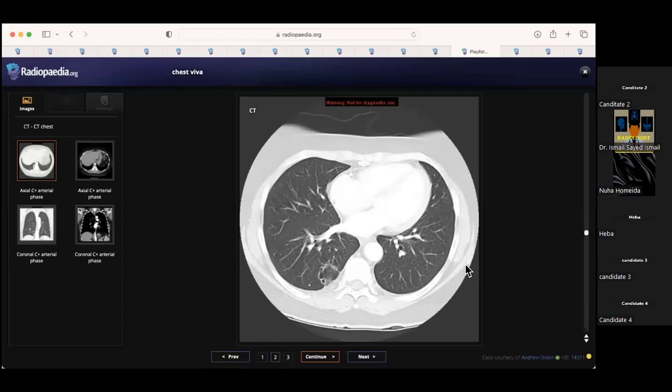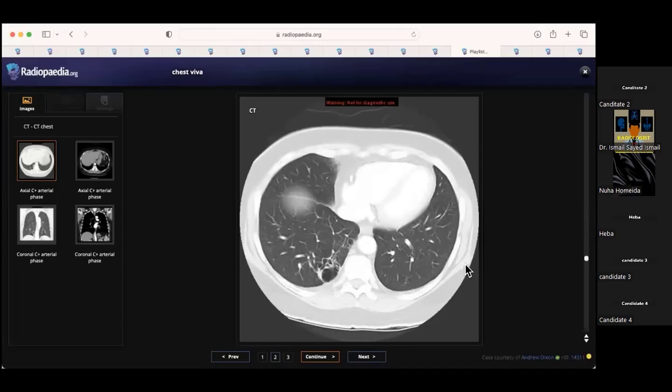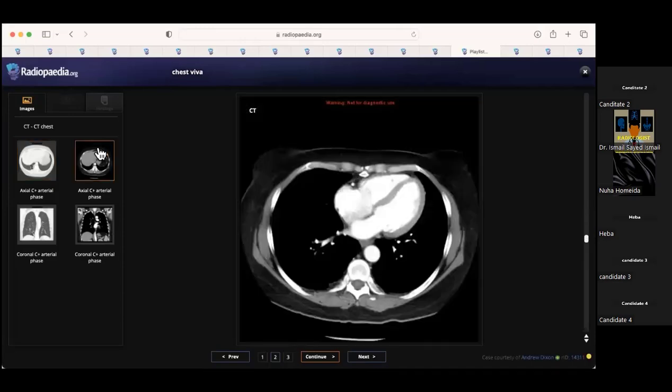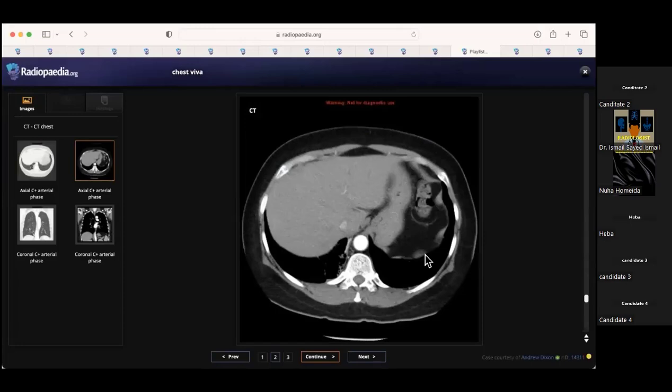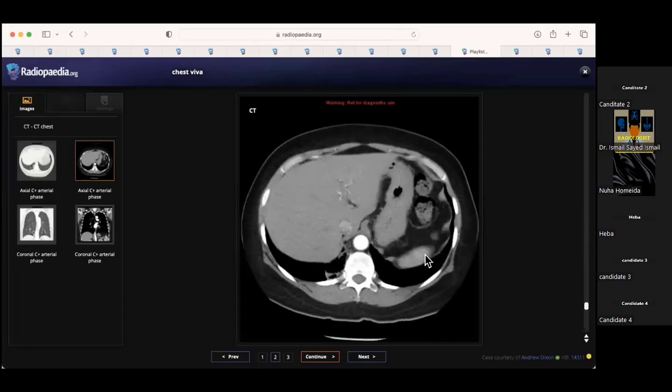Anything else that makes them more prone to infections? The bronchiectasis. So apart from the bronchiectasis, go back to the axial arterial phase, the soft tissue window. Have a closer look. Can you see anything? Yes, there is a direct blood supply from the aorta.